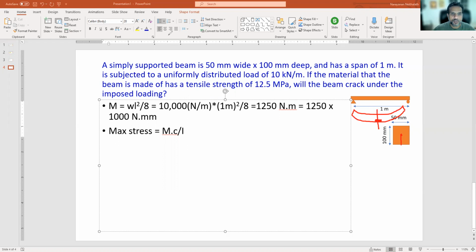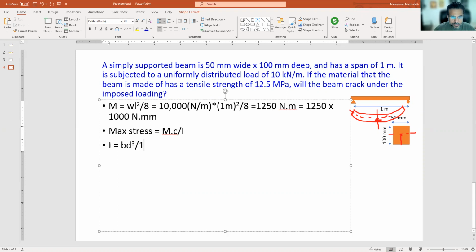And then, of course, moment of inertia I for a rectangular beam. It's moment of inertia because the beam is bending like this. And if you look at the bending axis, the beam is bending like this. So this is the axis of bending, correct? And if you look at the cross section, that axis of bending passes through this. Therefore, the moment of inertia is B d cube over 12.